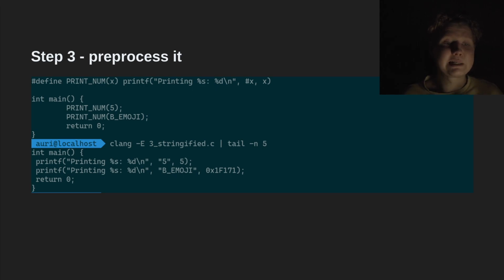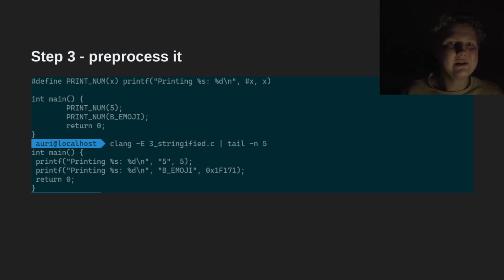So you have the first line printing 5, it creates a string 5, and then 5 as the value. And on the second line, printing B emoji, as you can see, it doesn't stringify the value of the B emoji. Instead, it stringifies the actual constant that goes into the macro. So this is a really clear distinction, and sometimes it may mess your code up.